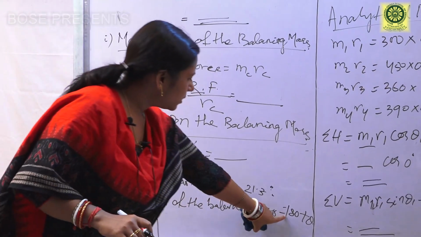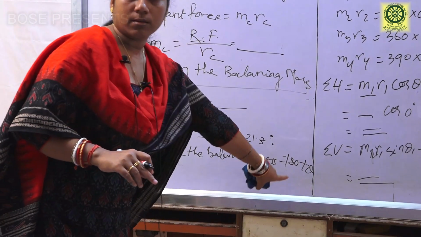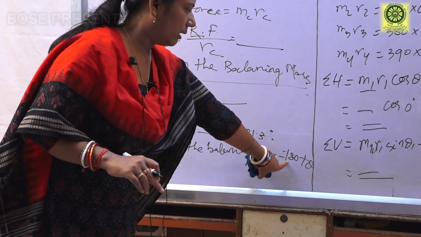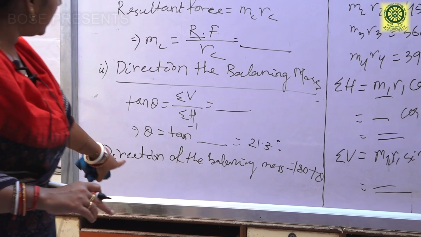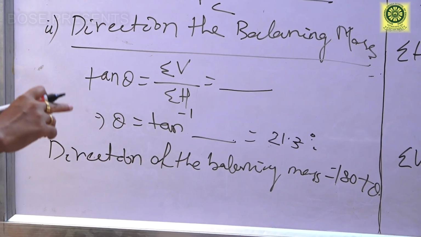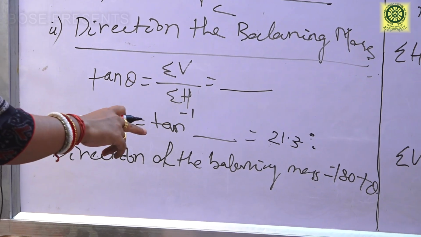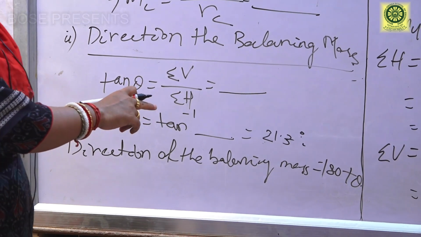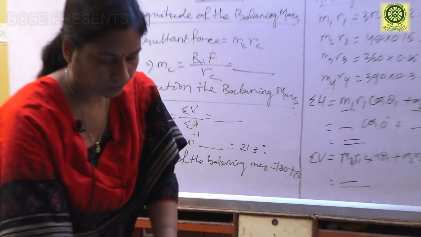That's why we are just adding 180 degree. So the angle made by the balancing mass with the horizontal will be equal to 180 plus theta. Clear?